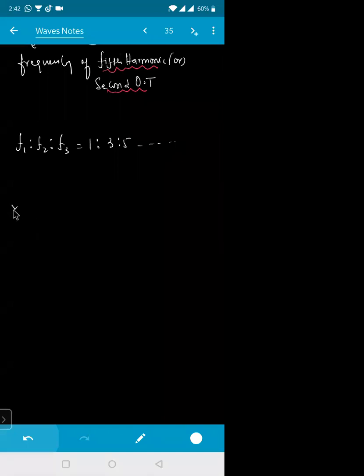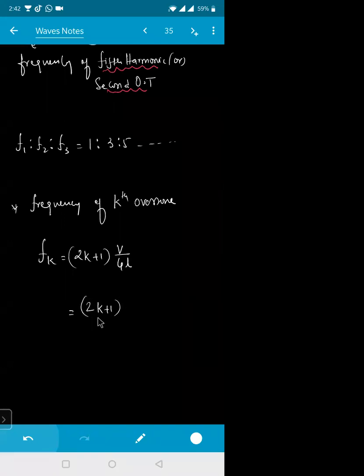If I'm writing for the frequency of the kth overtone, Fk will be equal to (2k plus 1) into V by 4L. Or else I can write this as (2k plus 1) divided by 4L under root of T by mu. This is the frequency of your kth overtone.